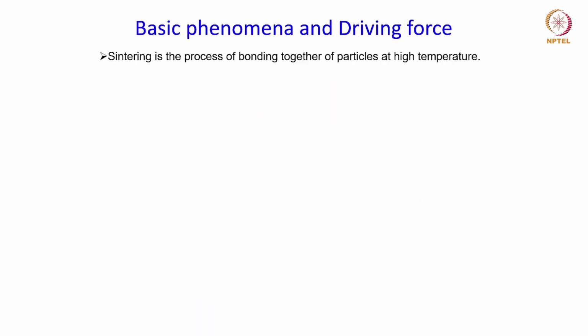So let us start with the fundamentals first, where we learn about the basic principle behind sintering, and as we progress we will also discuss the underlying mechanisms involved in the process of sintering. So sintering basically is the process of bonding together of particles at high temperature.